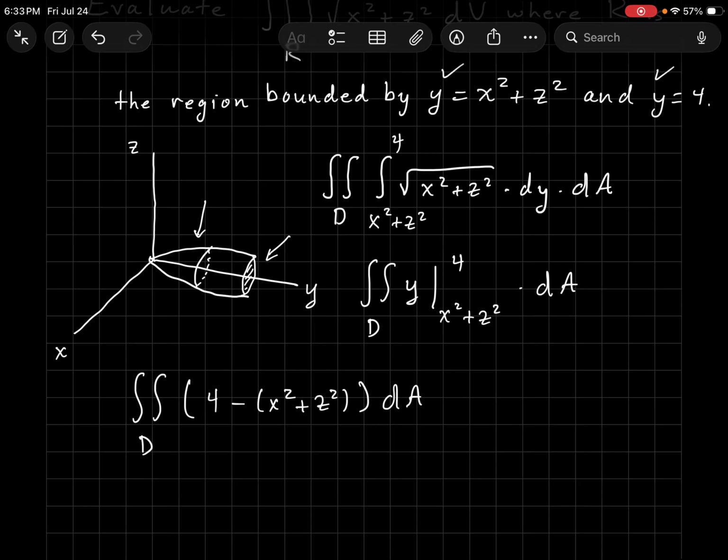Now, how do we find out what this D is? Imagine a light over here, as I've done before, shining directly down the y-axis. The D would be the shadow that our shape casts in the xz plane.